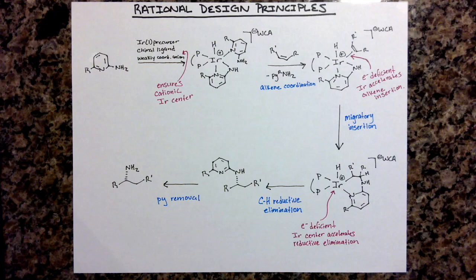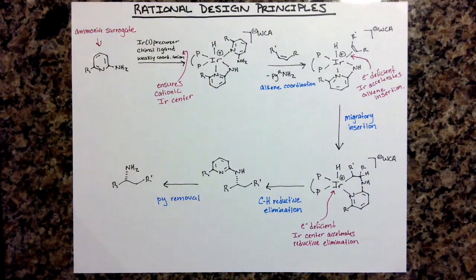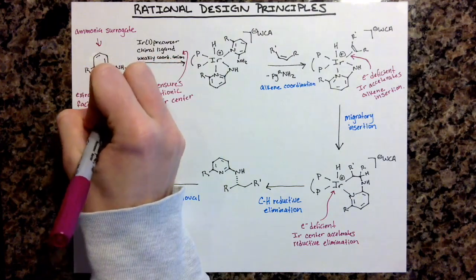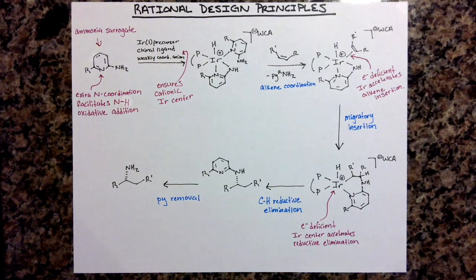And so to combat this kind of secondary problem that arose from making a more electrophilic iridium center, they identified this ammonia surrogate, which is a 2-aminopyridine, where that extra pyridine nitrogen will coordinate to the iridium center and situate the NH bond in closer proximity to the iridium to help facilitate that NH oxidative addition.